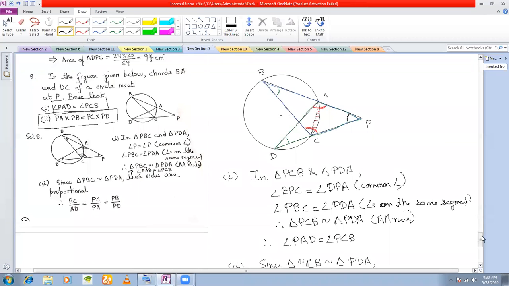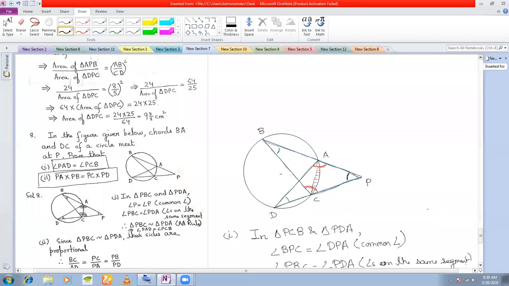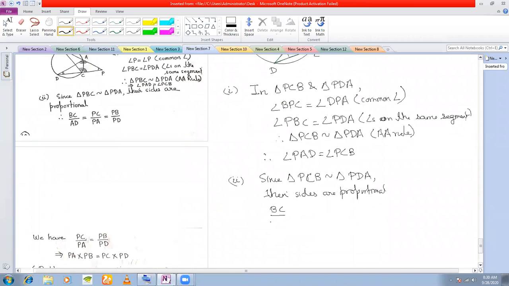So I'll write BC first. In the other triangle, triangle PDA, the side opposite to the common angle P is AD. So I'll write AD below.